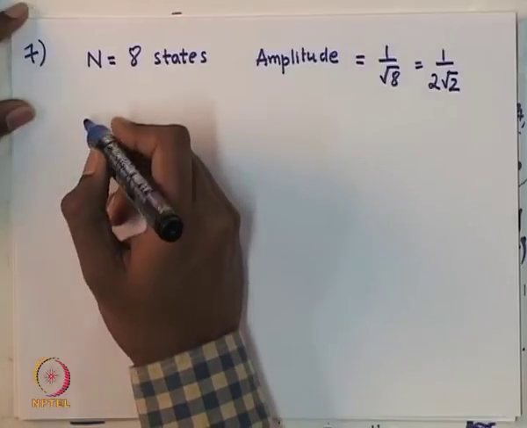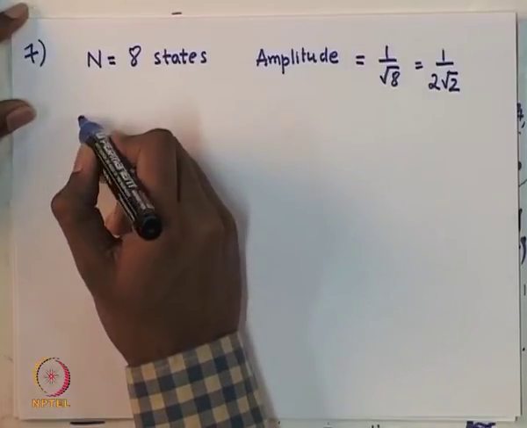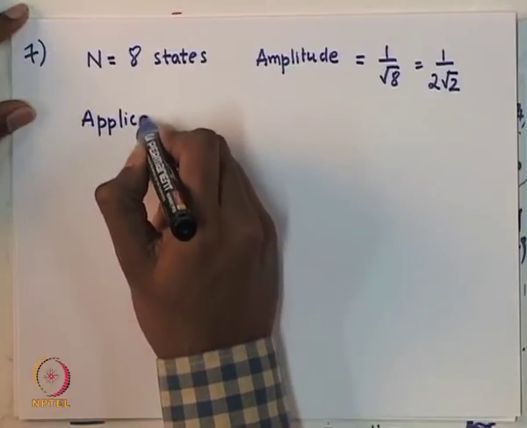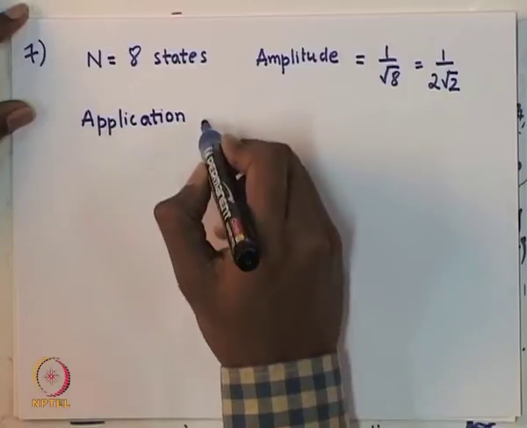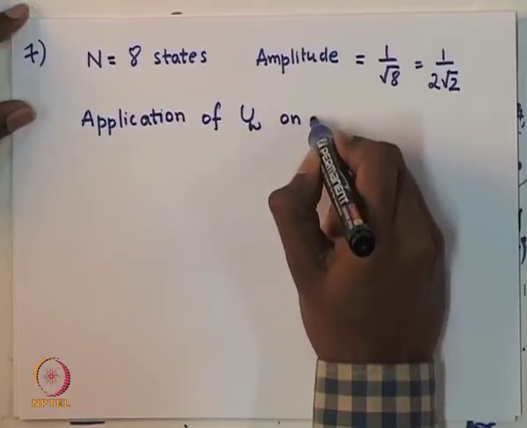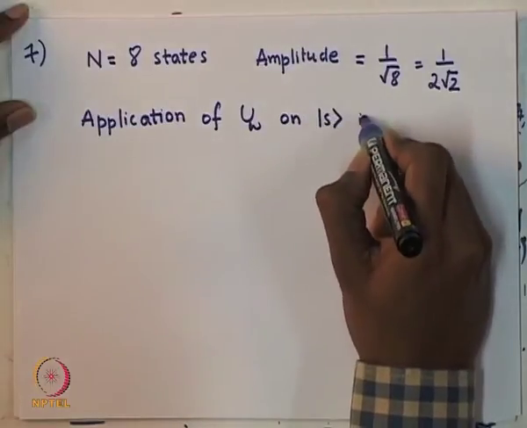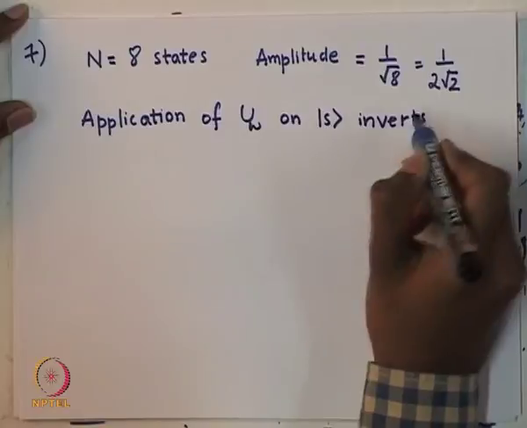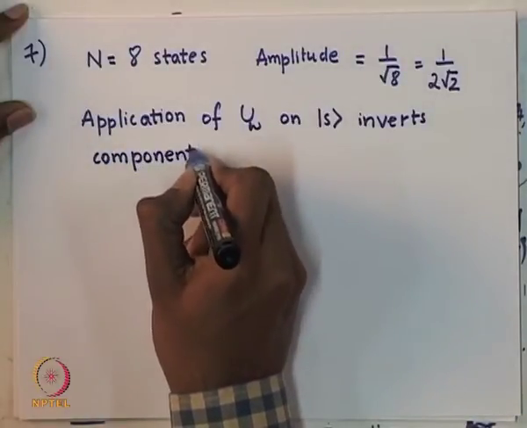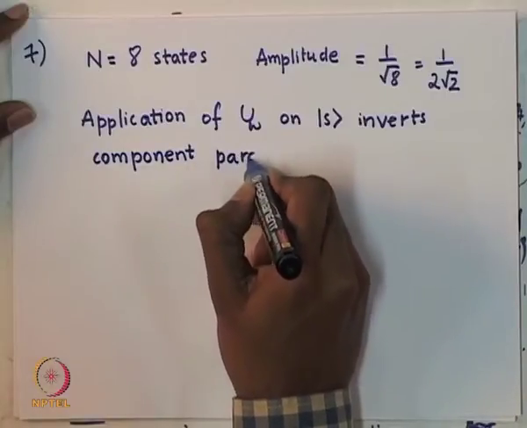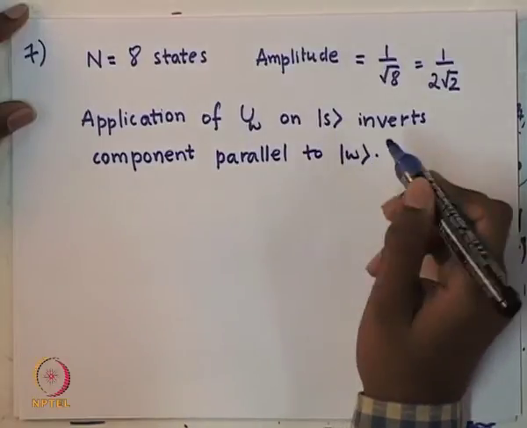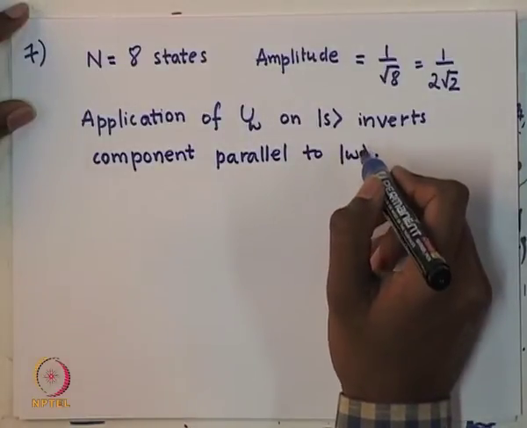A Grover rotation includes application of UW and US. So what does this application of UW do? Application of UW on state S inverts the component parallel to W. So our marked state inverts.